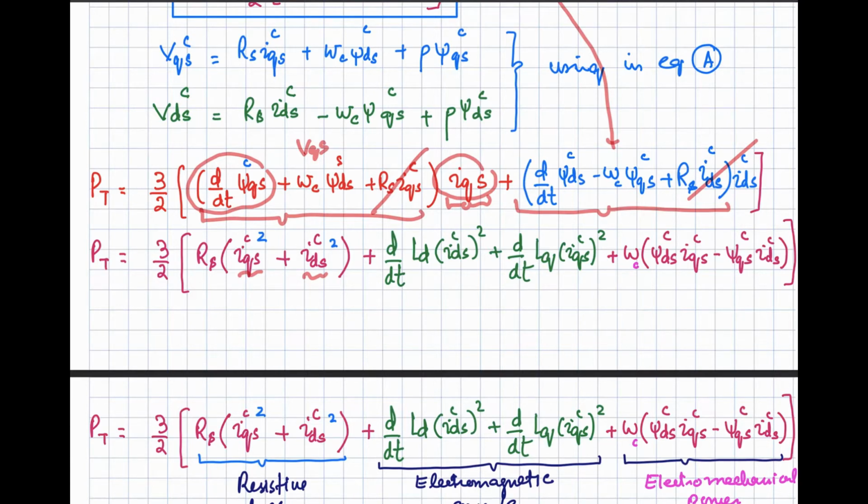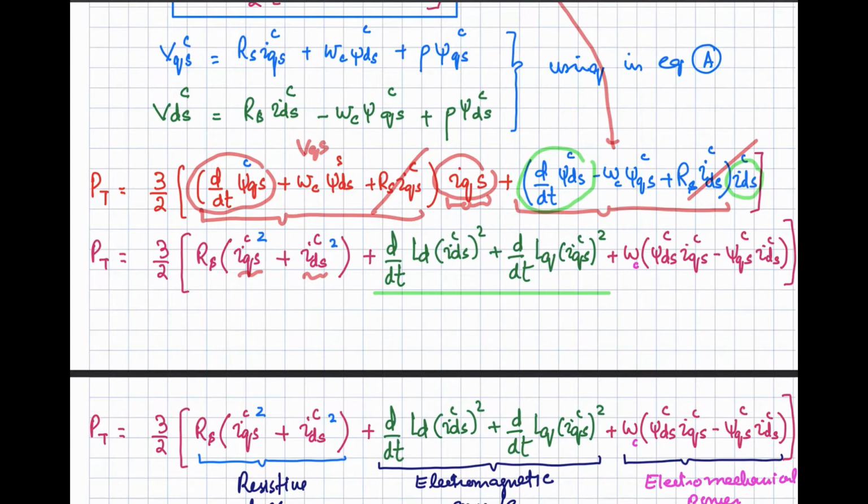Then consider this part, the derivative of phi DS and its product with IDS. So you will get this one. You can write it like this.